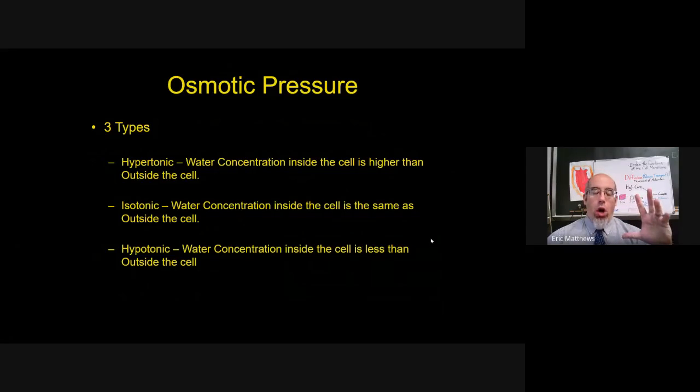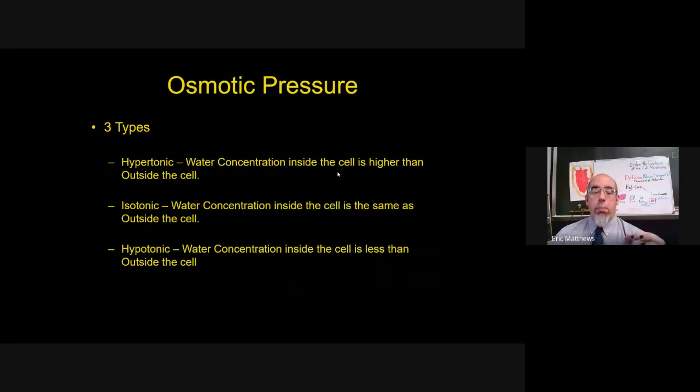By now, hopefully you have noticed the trend that the prefix is unbelievably important in biology. It always means something for our terms. So hypertonic, saying that the water concentration inside the cell is higher than outside the cell. More water inside, less water outside.